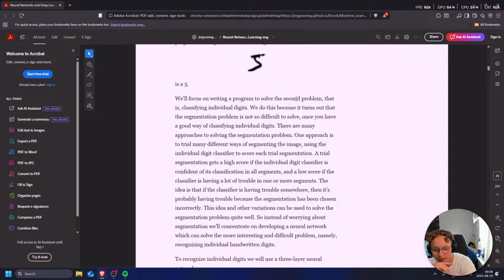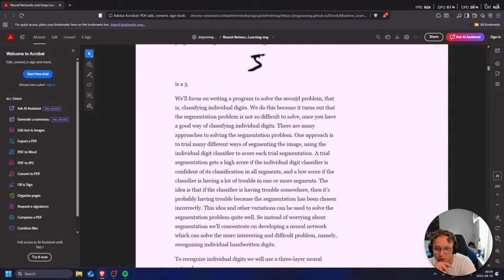So it's basically, the higher score means that we have a better general performance, and lower score means that we have a worse general performance. The idea is that if the classifier is having trouble somewhere, then it is probably having trouble because the segmentation has been chosen incorrectly. This idea and other variations can be used to solve the segmentation problem quite well.